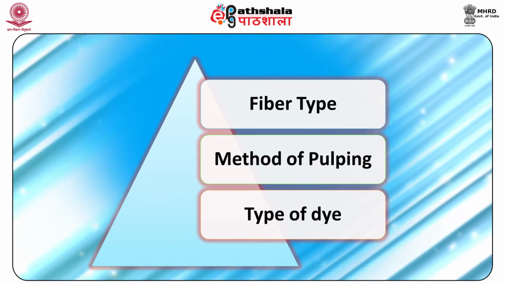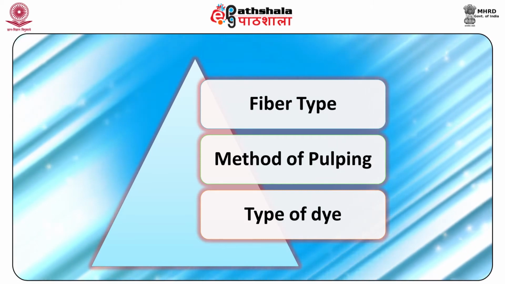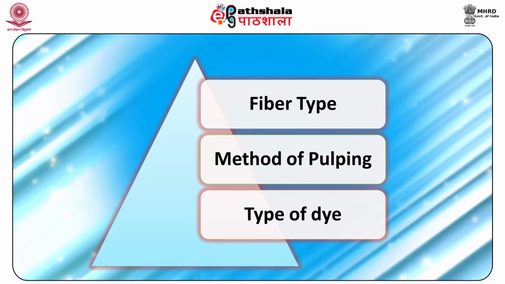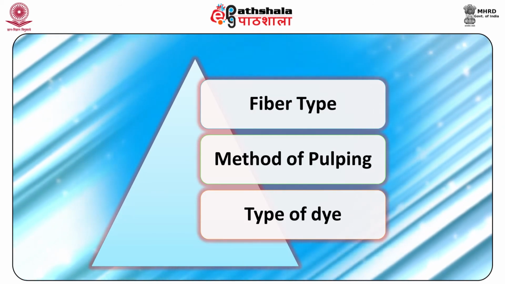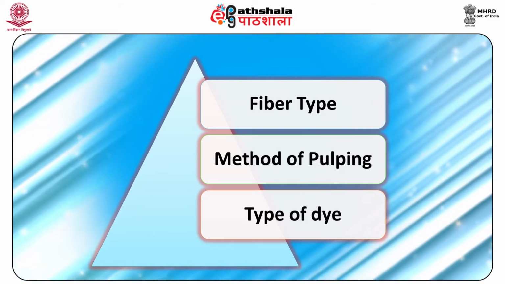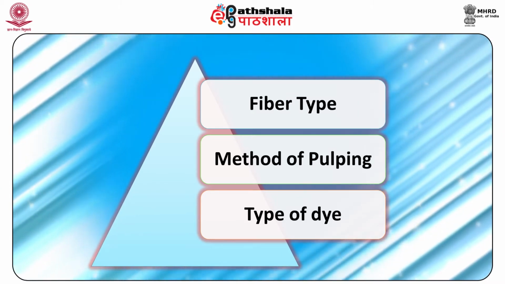Usually, only small areas of paper need to be removed to determine the fiber type, the method of pulping, the dyes present, and the inorganic elements in the paper.